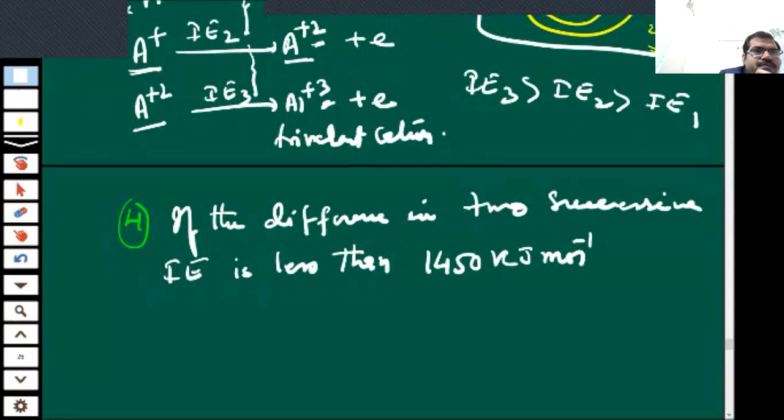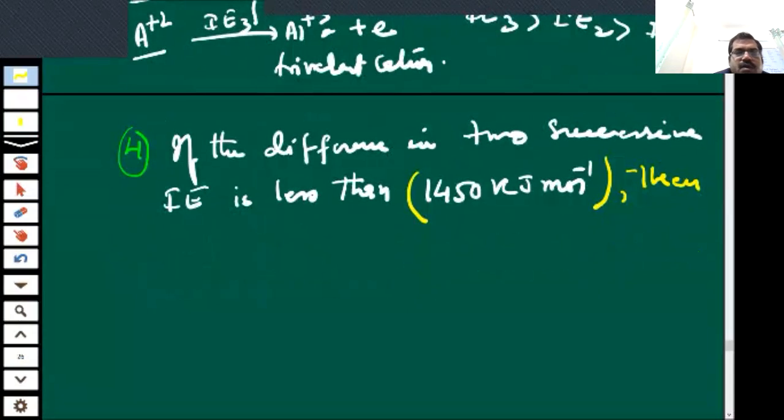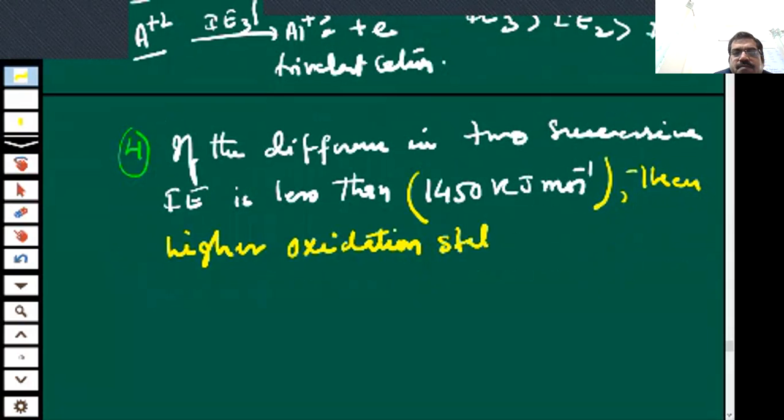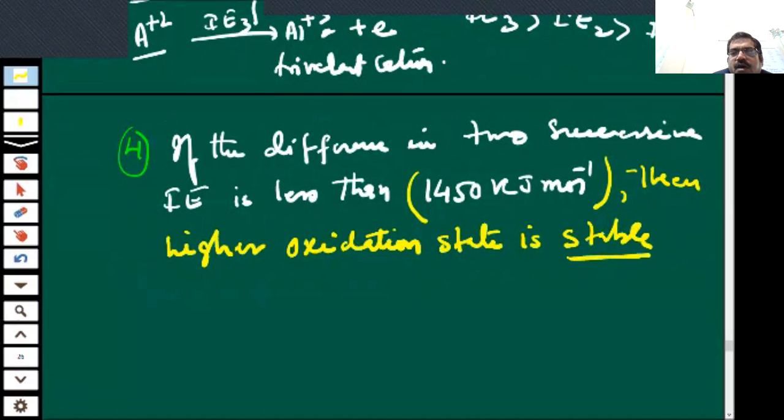Remember it, okay? Less than that, then higher oxidation state is stable. Higher oxidation is stable. If the difference is there, then higher oxidation state is more stable.